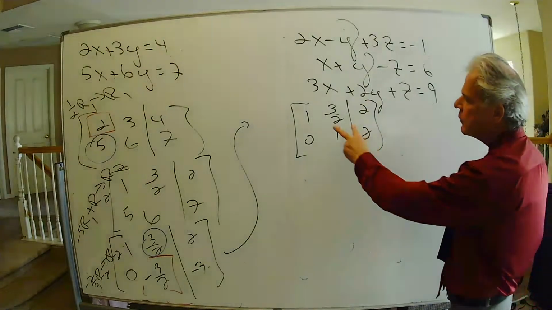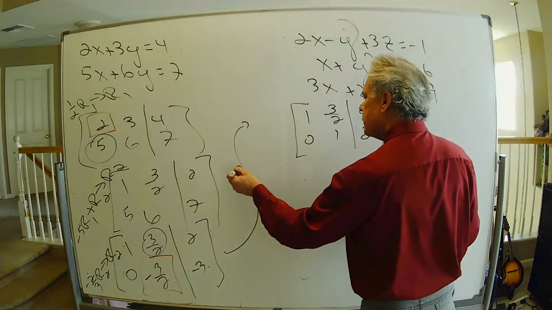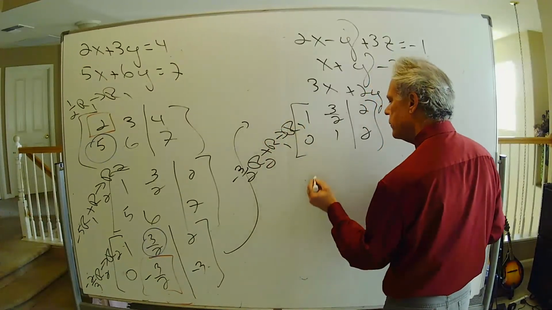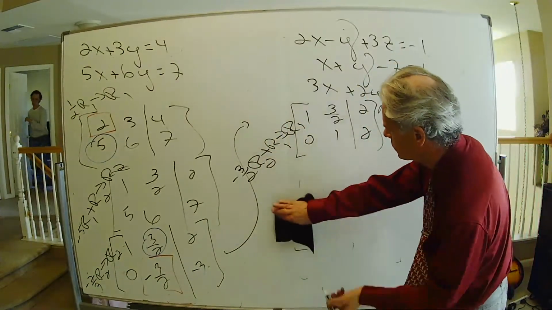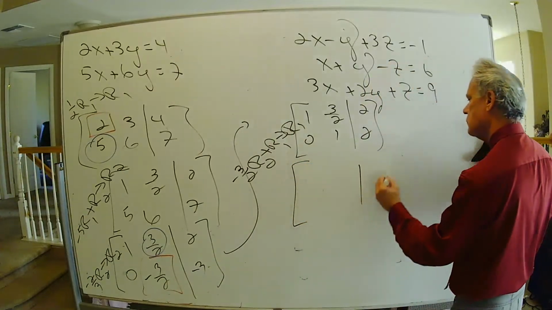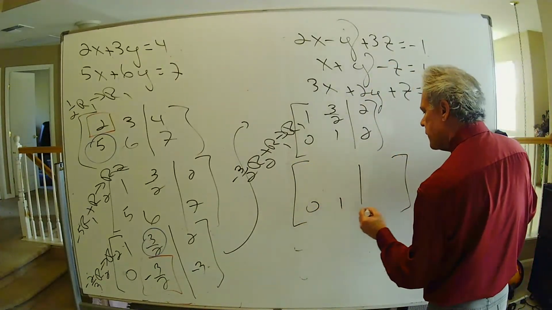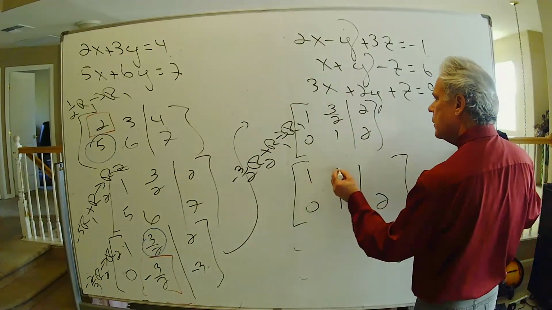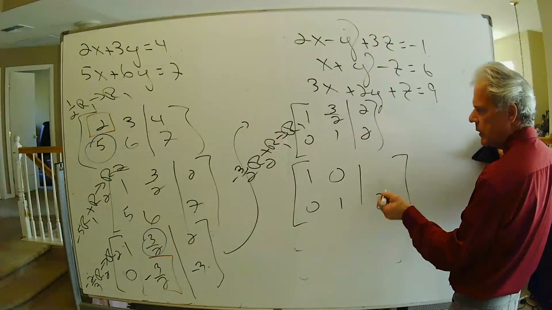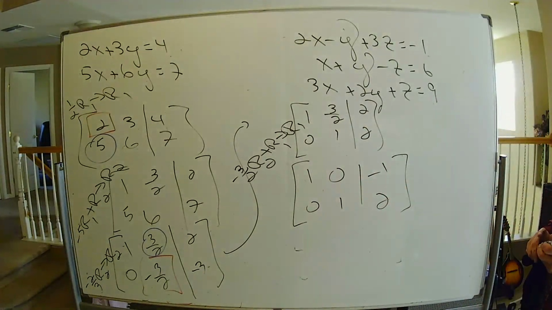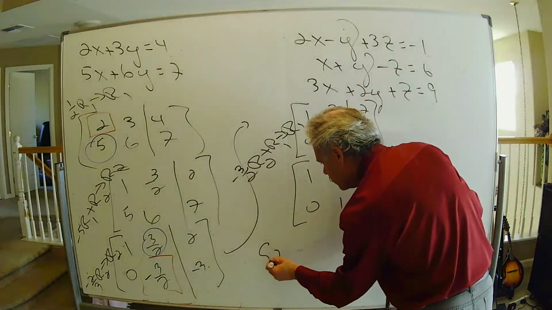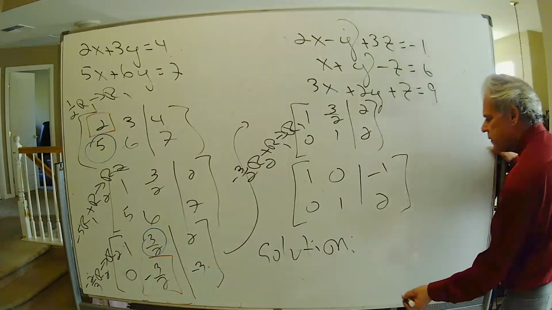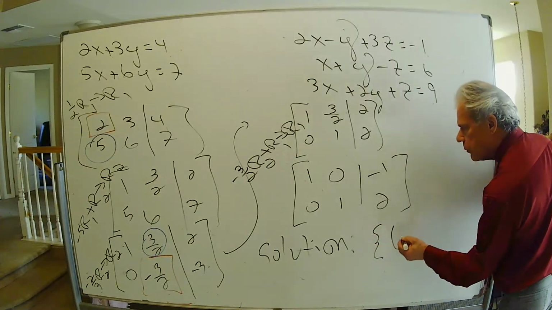And lastly, to force this entry right here to be a 0, let's just take -3/2 times the second row, add it to the first row, and use the results for the first row. Now, officially, again, my second row doesn't change. I'm merely going to multiply by -3/2 in my head, add it to the first. Is that going to be a -1? That being the case, I do think my solution, or my one solution, is the following. I'll use my set notation. Is the ordered pair -1, 2?